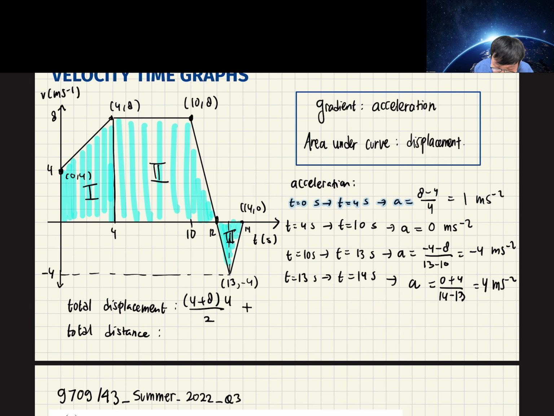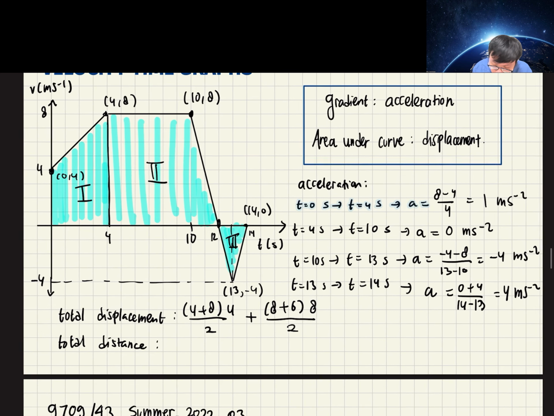Plus area 2, same formula, the sum of parallel sides from 4 to 12 is 8 plus 6, times the height, which is 8, over 2.